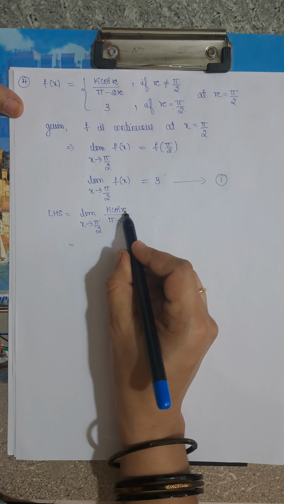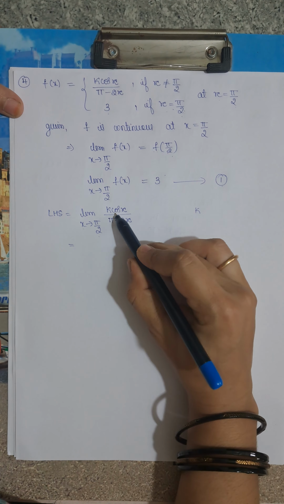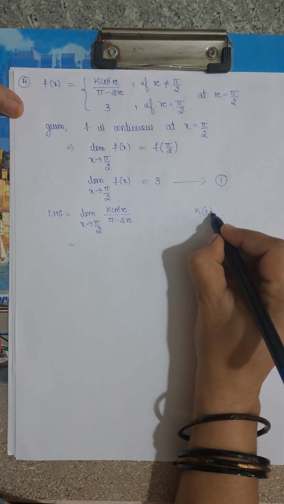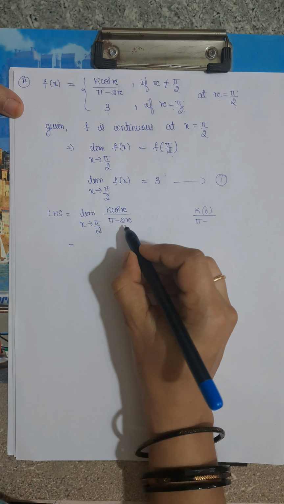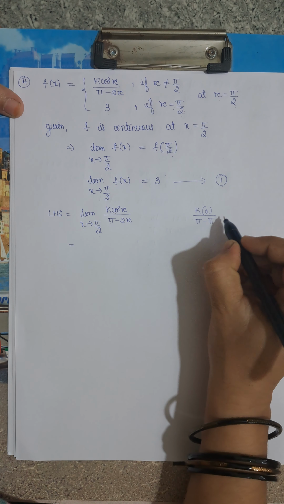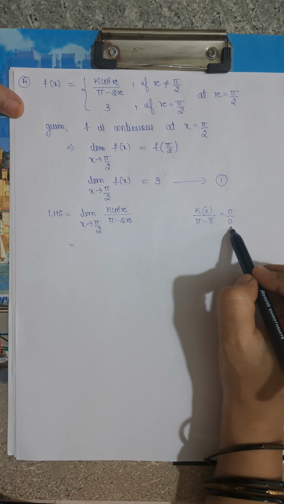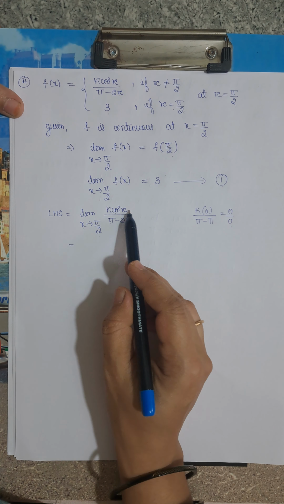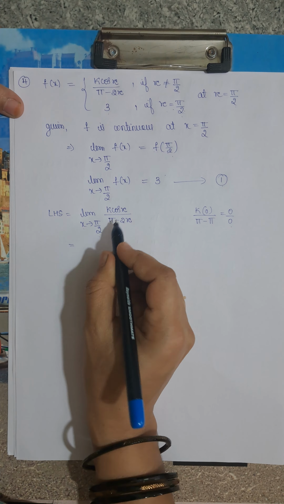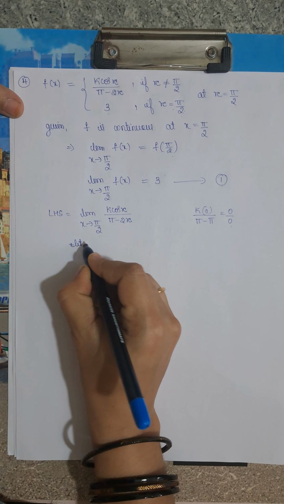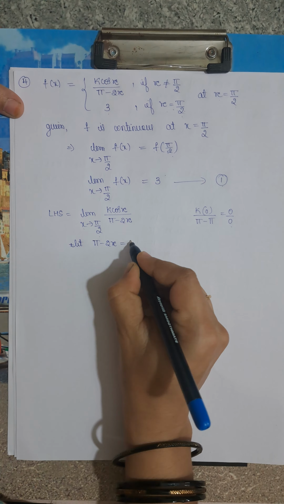So if I substitute pi by 2 here, we'll be getting k into cos pi by 2, which is cos 90 is 0, divided by pi minus 2 into pi by 2, which is 0. So we are getting 0 by 0 form. Whenever we get 0 by 0 form, we have to do some substitutions to get the value. So for that I'll make a substitution. Let the denominator pi minus 2x be some t.